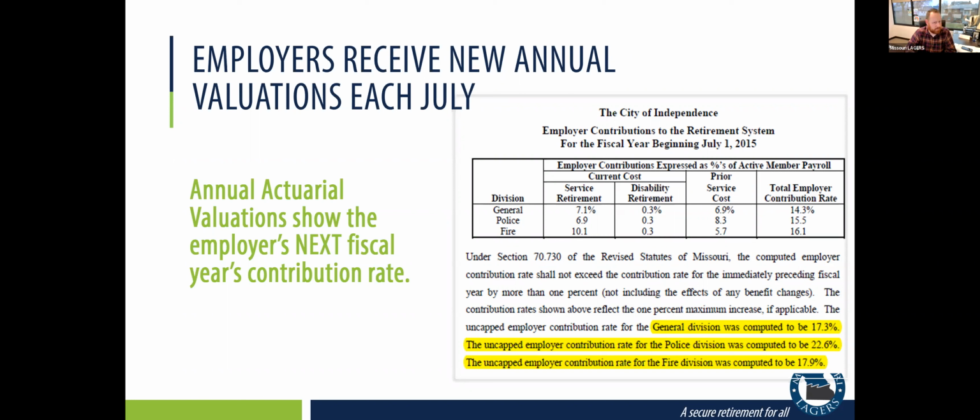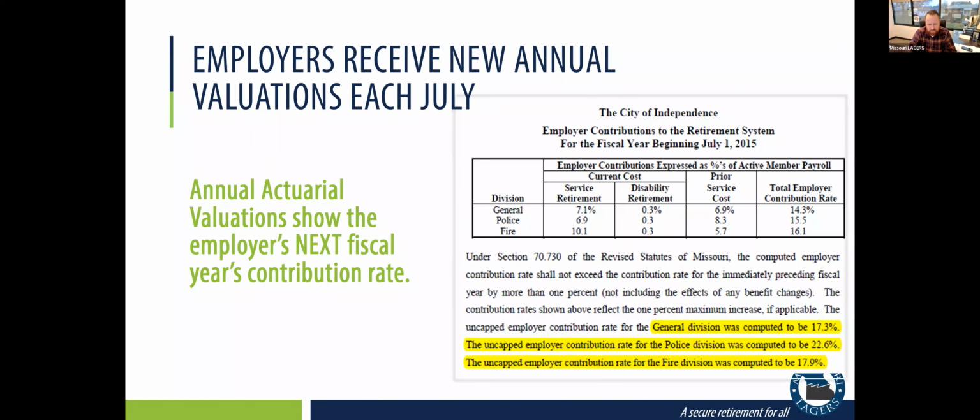The other protection that's in place when we're calculating your cost is statute. So according to the revised Missouri state statute, subsection 70.730, what it states is that LAGERS cannot increase your contribution rate by more than 1% in a given year. Okay.